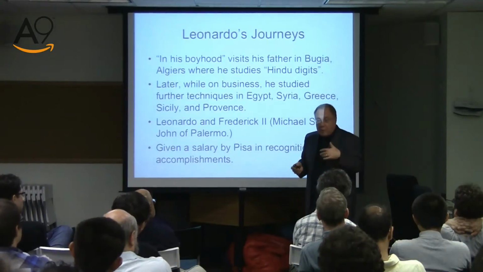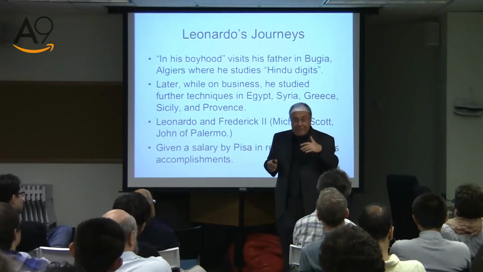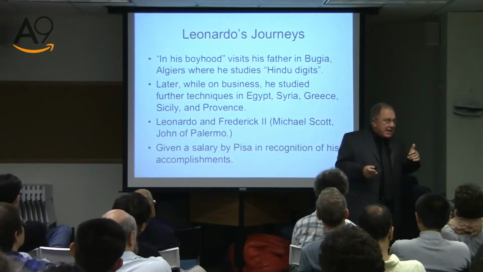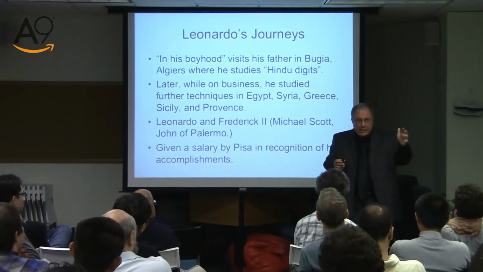The book, by the way, is still today amazing. He was not just a repeater of what he learned among the Arabs. He was clearly the greatest mathematician of his time everywhere, anywhere, and of great depth.